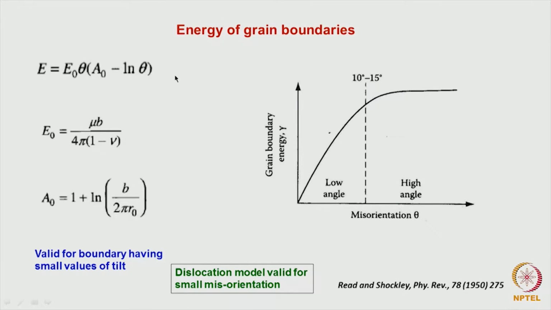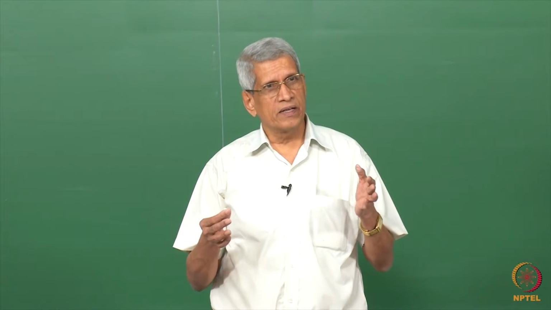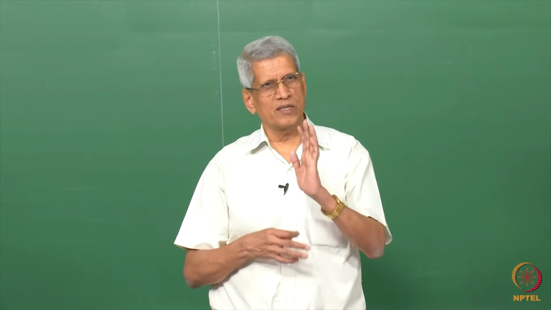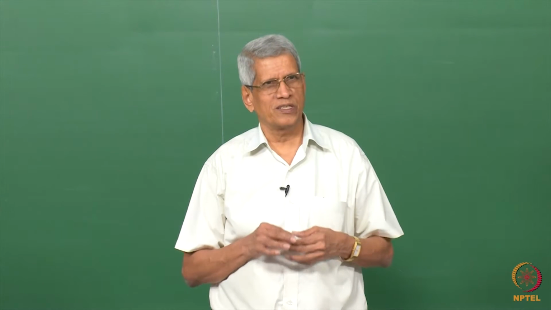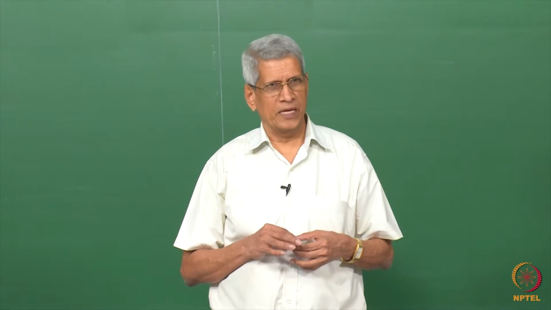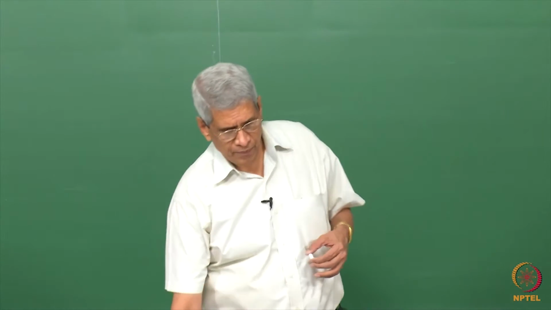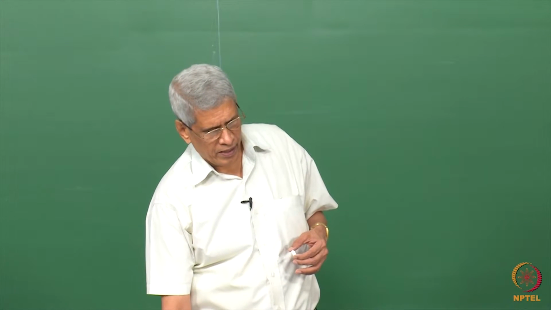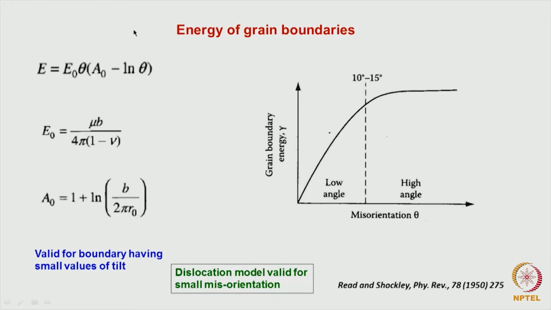If the separation becomes so small that the cores of the dislocations start merging, then the concept of telling that the dislocation is responsible for this boundary itself loses meaning, correct? So this sort of equation is applicable only for a low angle tilt.